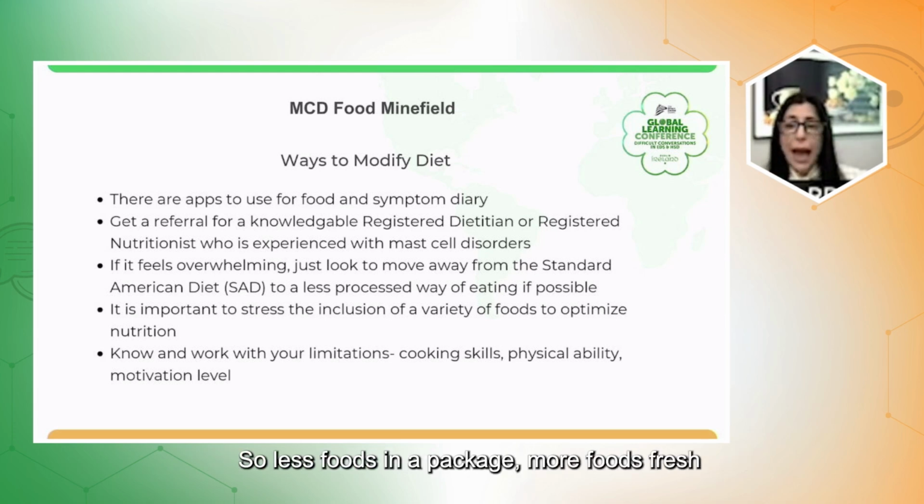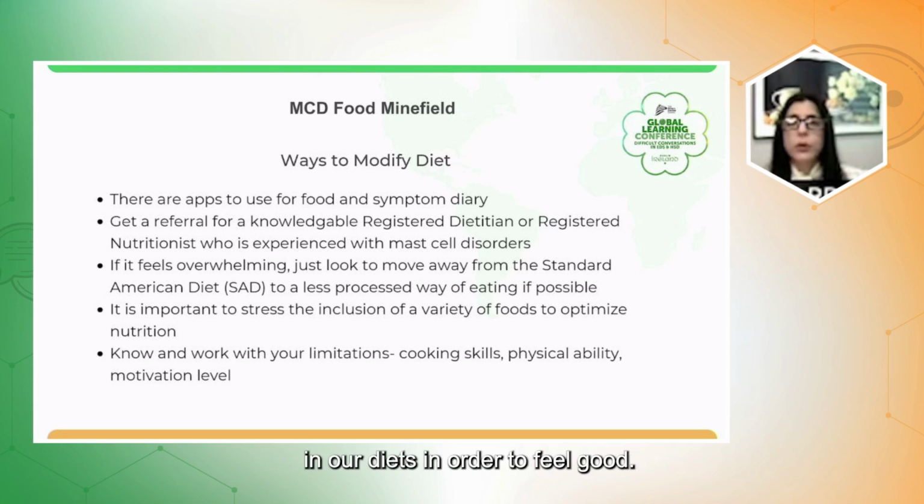So less foods in a package, more foods fresh from nature is a good place to start. It's important to stress the inclusion of a variety of foods to optimize your nutrition. We need to have a variety of foods in our diets in order to feel good.